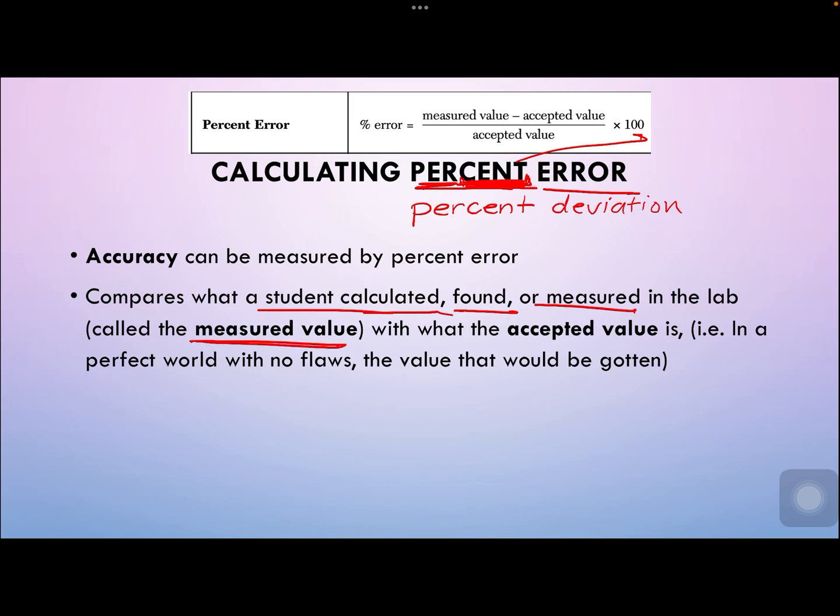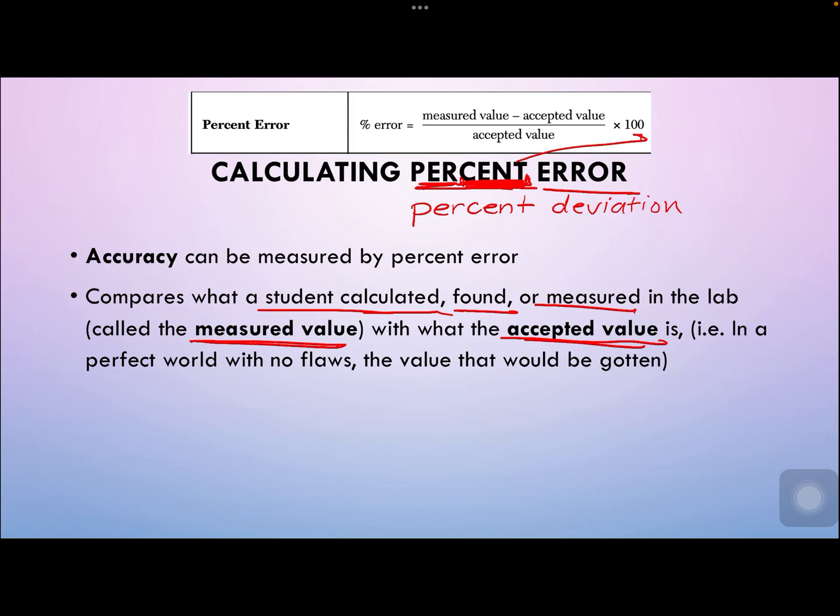That's what we call the measured value, is what the person did who's doing the work. And we compare that to the accepted value or the true value. So if we did this perfectly, what we should have gotten. Or if you looked something up in a data table, like the number that you were targeting, that's the accepted value.